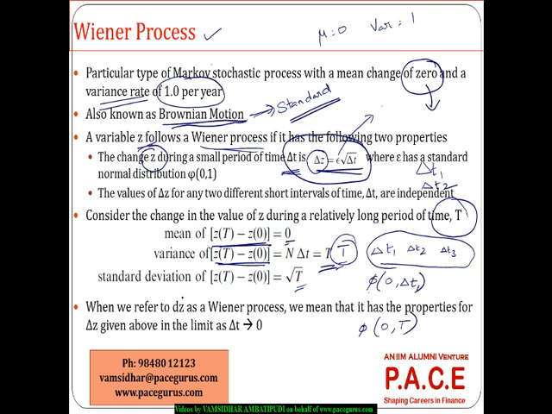Whenever we are talking of these, till now we are talking of delta z. Now we are introducing another term called dz, which is used when delta t, the time period, is tending to 0. We call the value of delta z as dz, using the concepts of limits and derivatives.